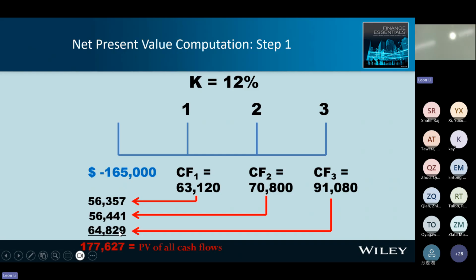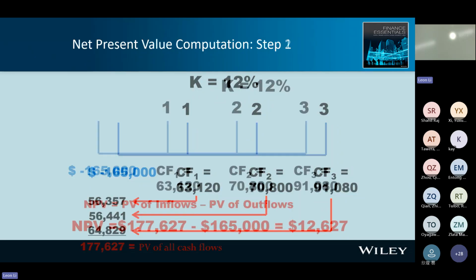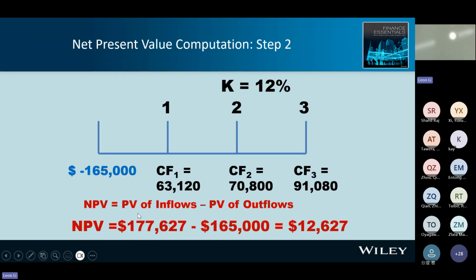This is our PV. For the project, we do the NPV, net present value. Net present value is the present value of inflow minus the present value of outflow, that is our initial cost. This is our net present value.